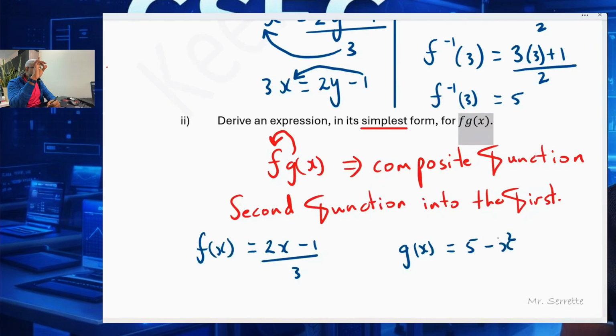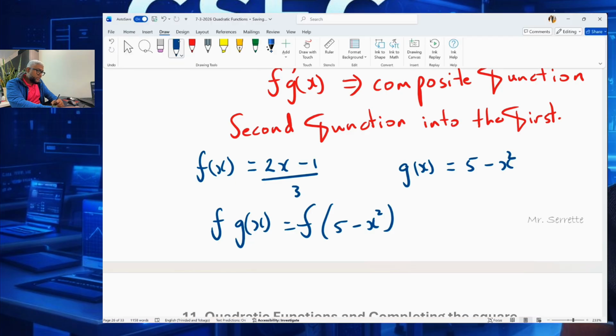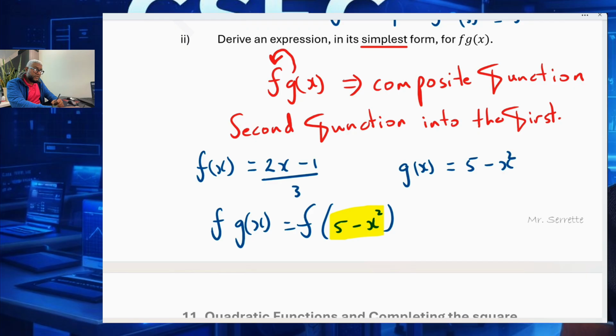If I want to find f g of x, I basically want to put g of x, which is 5 minus x squared, into f of x. You see this here? That is taking the place of x here. Teleporting.